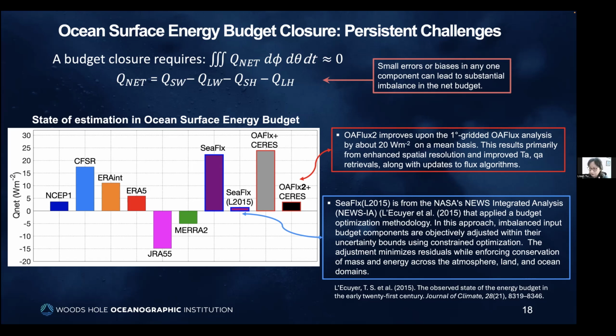In this approach, imbalanced input budget components are objectively or optimally adjusted within their uncertainty bounds using constrained optimization. The adjustment is global, including land, ocean, and high latitude atmosphere. The adjustments minimize residuals while enforcing conservation of mass and energy across atmosphere, land, and ocean domains. And that comes very nicely to a near balanced budget after adjustment.